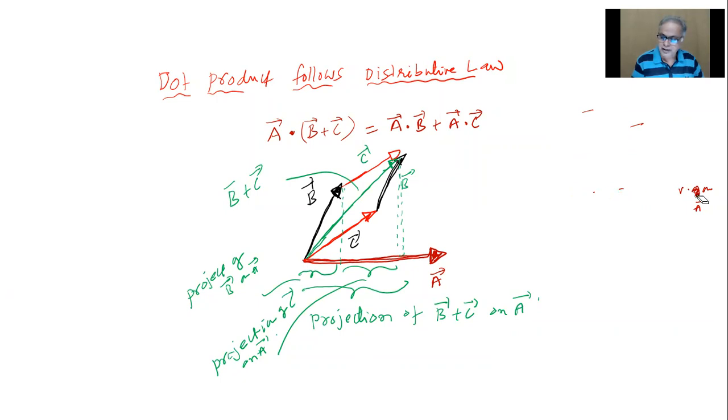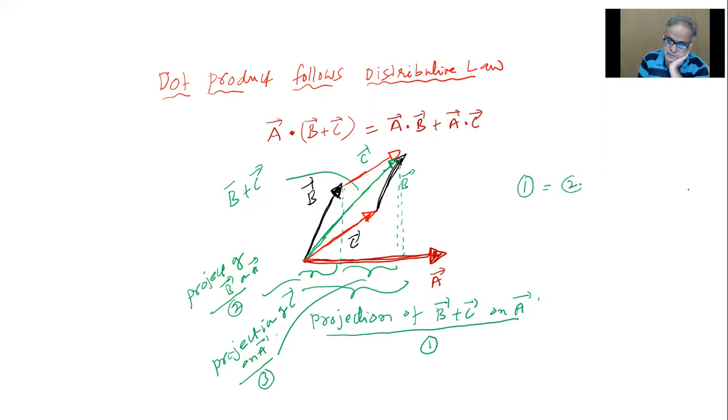From the diagram, can you not say that projection of B plus C on A is equal to this plus this? Instead of writing all, I'll say this is 1, this is 2, this is 3, so that I can avoid writing later. So 1 is equal to 2 plus 3. Is that equal to this plus this?